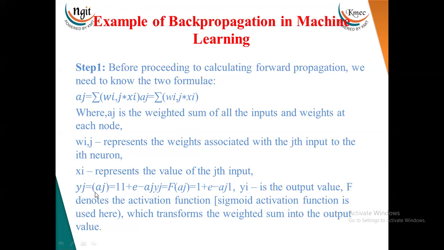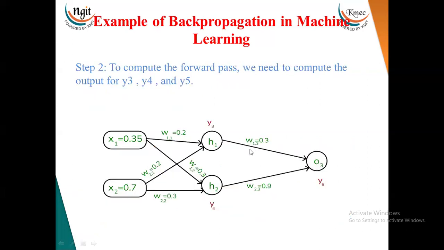Then Yj equals f of Aj, which equals 1 divided by 1 plus e to the power minus Aj. So this is the formula we have to remember. This is your final output value. We'll see the example, then you can easily understand.